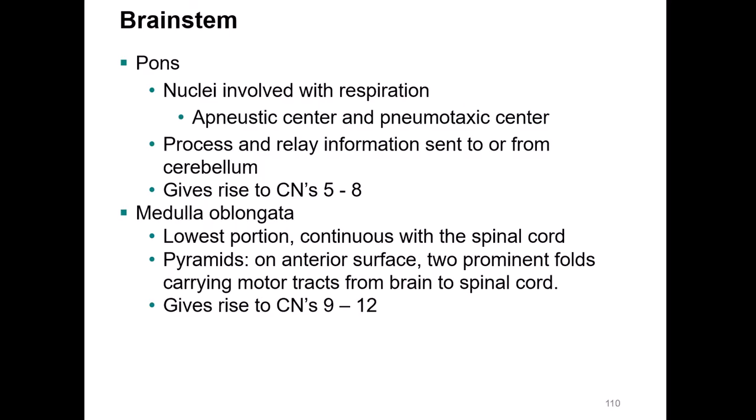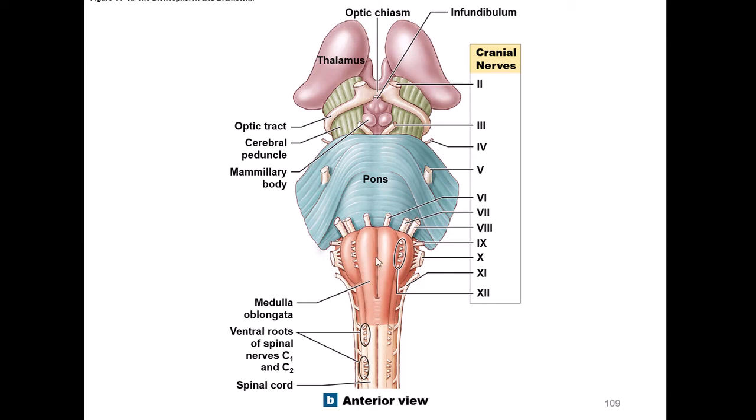So the medulla on the front has some motor tracks known as the pyramids. If I go back to this picture here, these two columns right here, this and this one here, these are known as the pyramids. But what's interesting is, let's just say this is coming down the left side of the medulla. So motor signals coming from your left frontal lobe would be sent down this way.